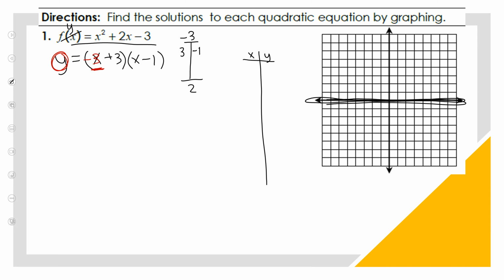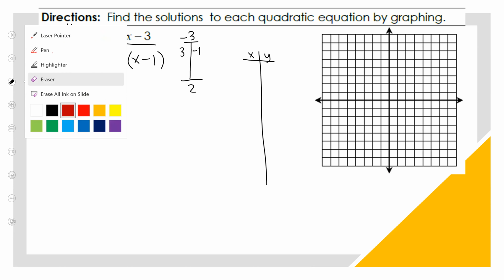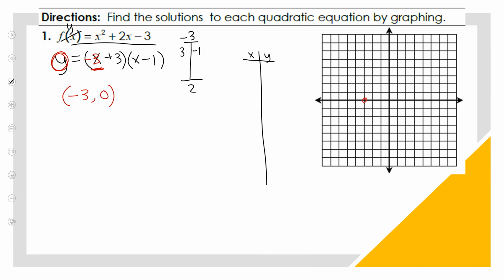So that means I know the point -3, 0 is a part of my graph. So I'm going to go ahead and plot that. -3, 0, that's my x-intercept. What if I plug in a 1 here? Won't that be 0? Okay, so that's another x-intercept.